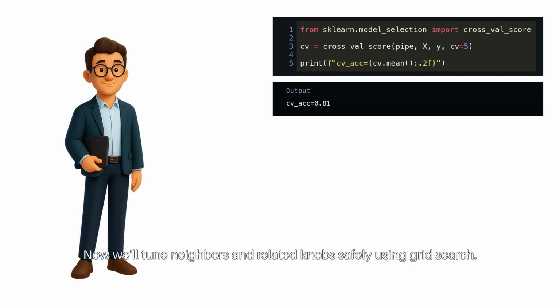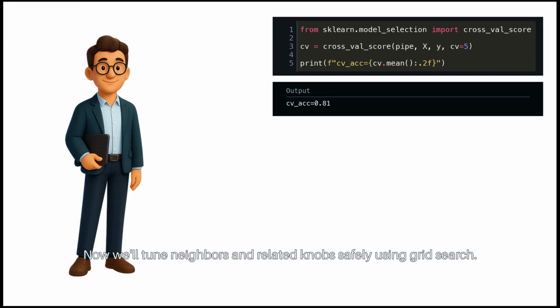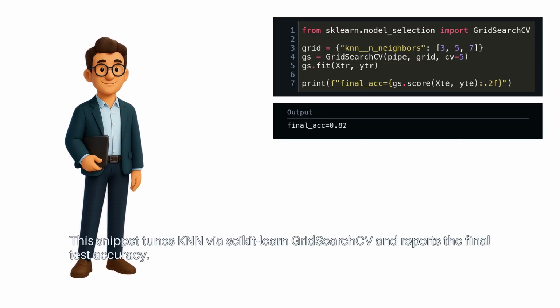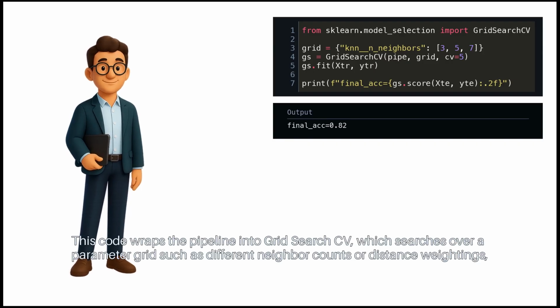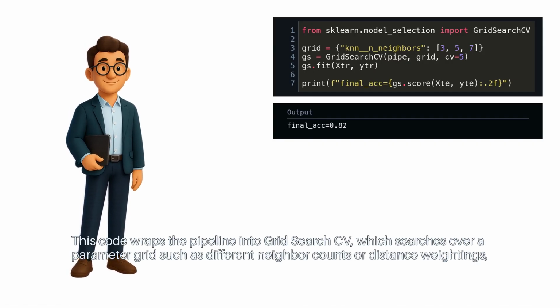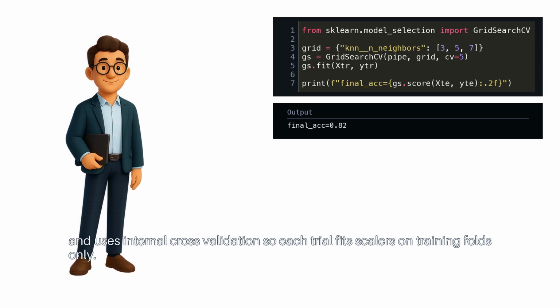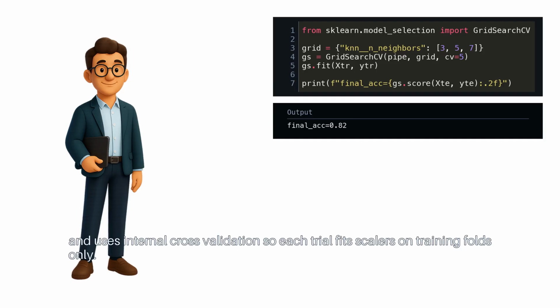Now we'll tune neighbors and related knobs safely using GridSearch. This snippet tunes KNN via scikit-learn GridSearchCV and reports the final test accuracy. This code wraps the pipeline into GridSearchCV, which searches over a parameter grid such as different neighbor counts or distance weightings, and uses internal cross-validation so each trial fits scalers on training folds only.